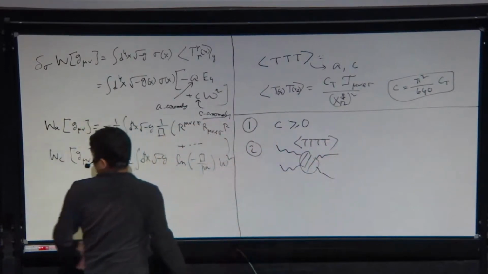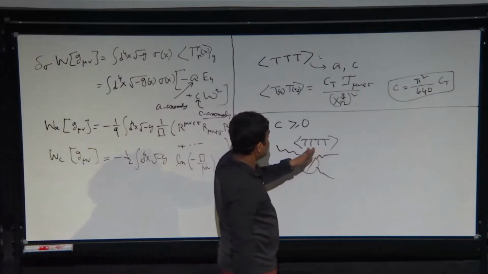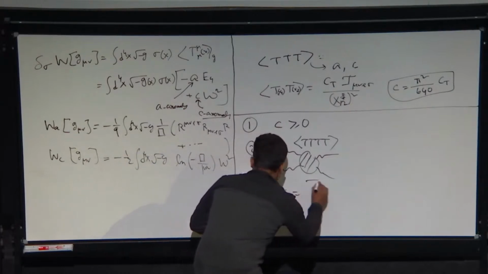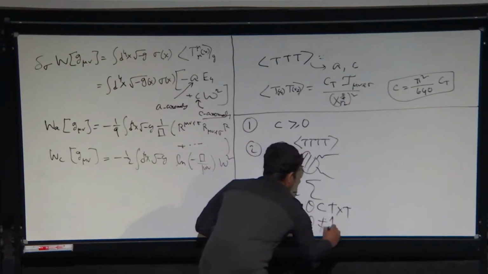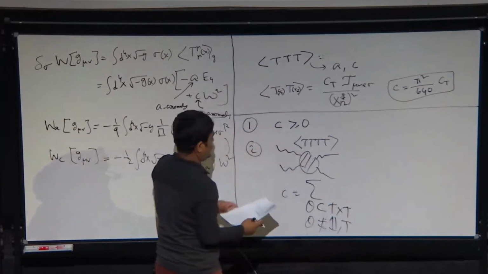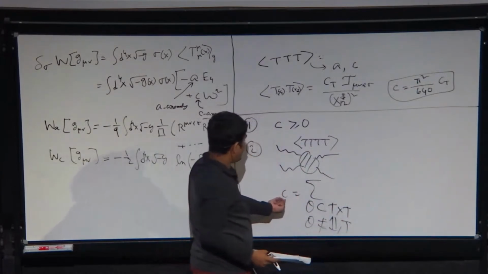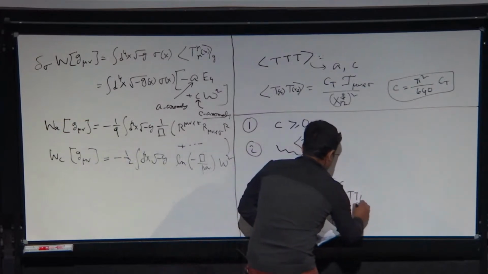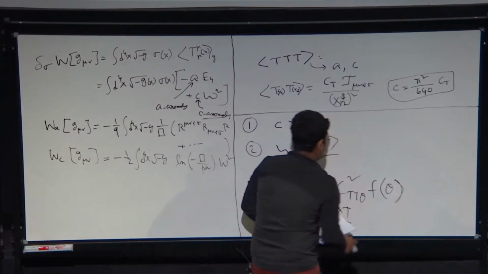and then they use the Ward identity that follows from this relation and a complete set of bases in a CFT using the OPE expansion, and they found a sum rule for the C anomaly, which has this kind of form, a sum over the operators which appear in the OPE of the stress tensor, without the identity and the stress tensor, because the identity is from the disconnected part of the amplitude, and the stress tensor can be absorbed in the right hand side because it also appears in C. They have given a formula for it in terms of the OPE coefficients of the TTO operators and some positive function which is completely fixed by conformal symmetry.